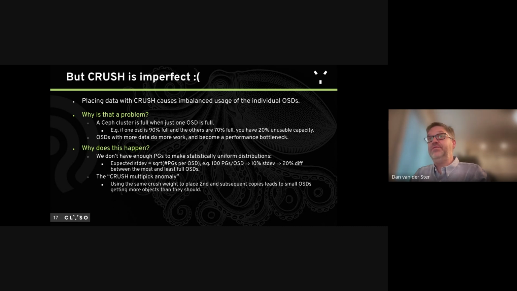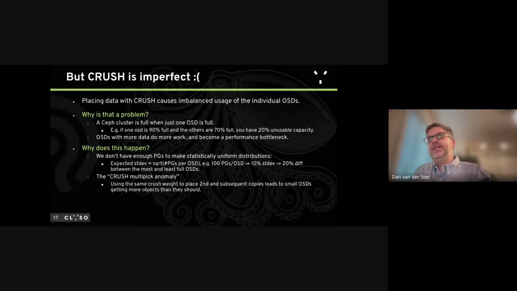A Ceph cluster is full when a single OSD is full. If on average the cluster is 70% full, but one OSD is an outlier and it's 90% full, that means the cluster and the pool are effectively 90% full. As soon as one OSD gets all the way to the limit, that's it, kaput. The pool stops doing IO. And Ceph even has safeguards to shut down the IO before it gets to that point.